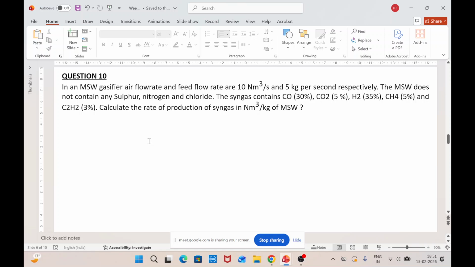So how to go about this? Try solving it.